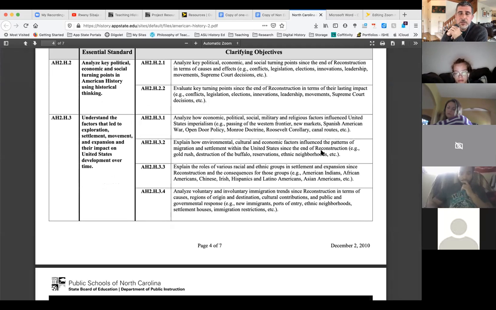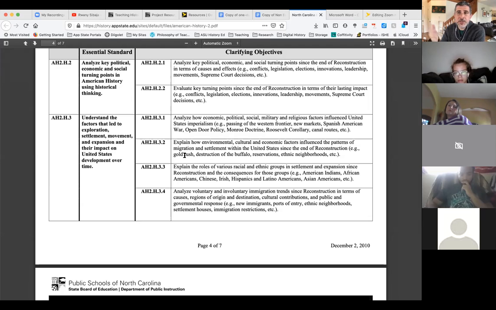We could talk about westward expansion and the gold rush, but beyond the gold rush, the lands out west. We could talk about the land grab from Spain in the Spanish-American War, Puerto Rico, Guam, etc. So those would fit under 3.2 because the focus of this class is American History 2, since Reconstruction.